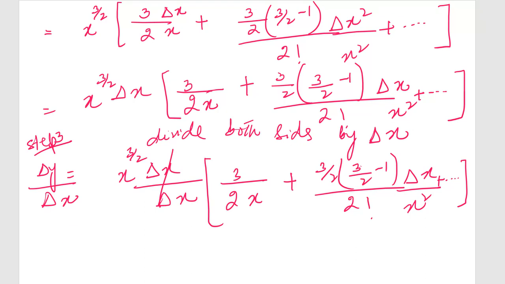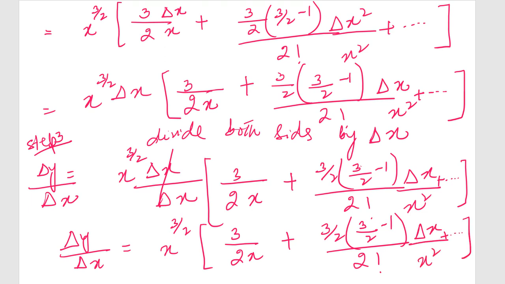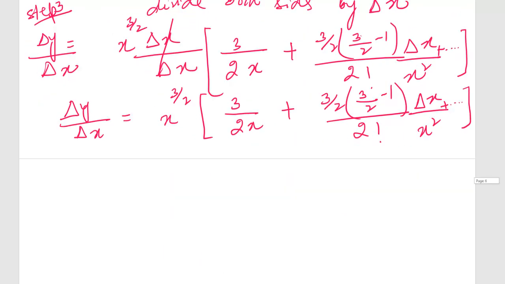This will cancel. Here we have Δy over Δx, which is equal to x raised to power 3 over 2, 3 over 2x plus 3 over 2. And why I'm not solving this 2 factorial and taking the LCM of this, because it is only time consuming. I will let you know in the next step that it will be 0 when we will apply the limit.